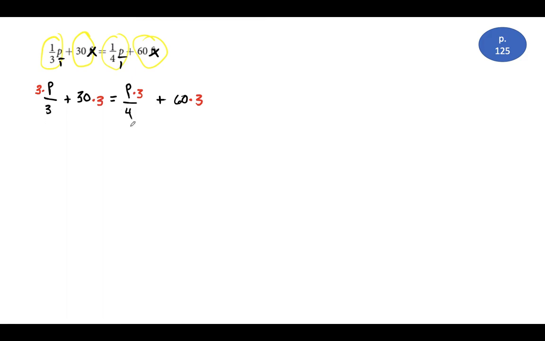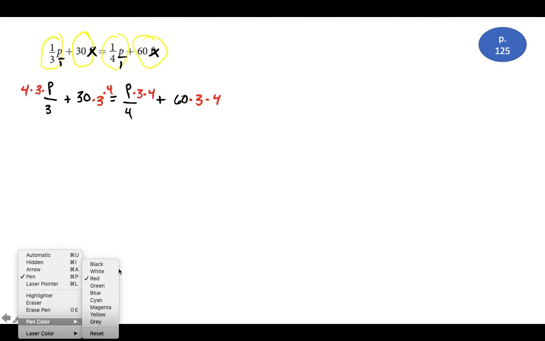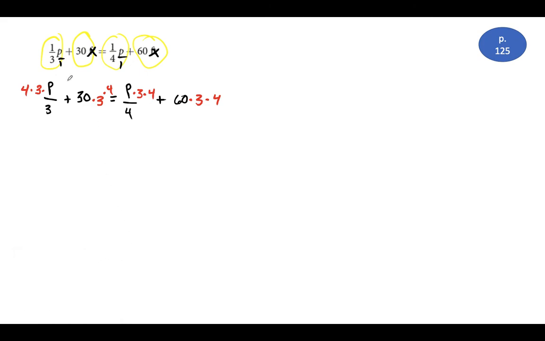But it's not going to get rid of the 4. But that's okay, because I can just multiply every term times 4. Just multiply by whatever you need to multiply to get rid of those denominators. You can multiply as many numbers as you want, as long as you multiply them times every term.